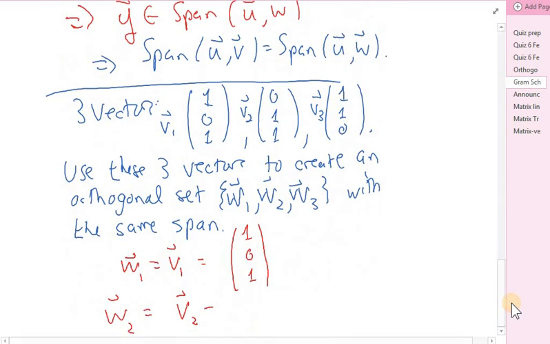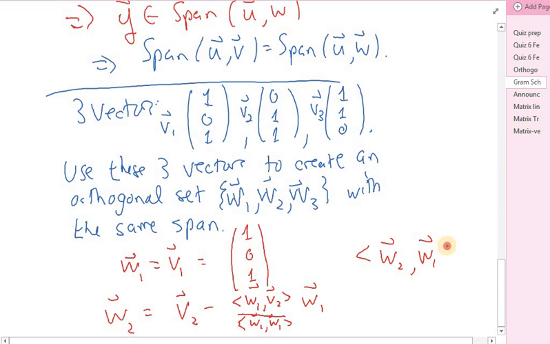So down here, I'm going to get W2 equals V2 minus (W1 · V2) over (W1 · W1) times W1. And these should all have arrows on them. Now, I can show that W2 and W1 are orthogonal.